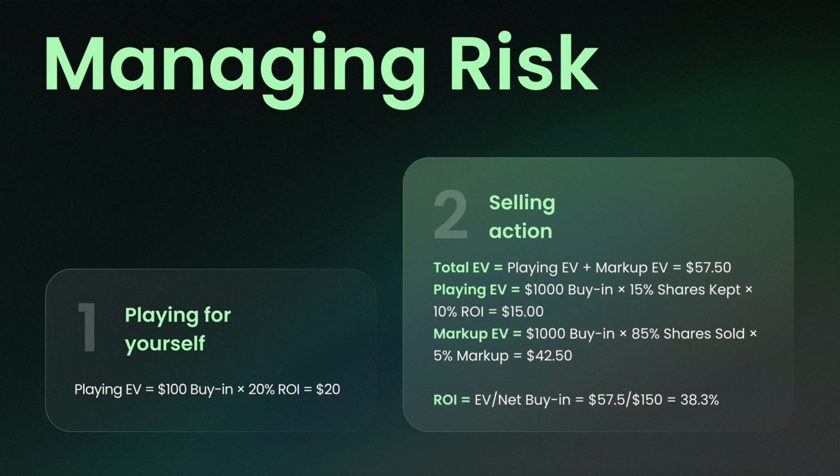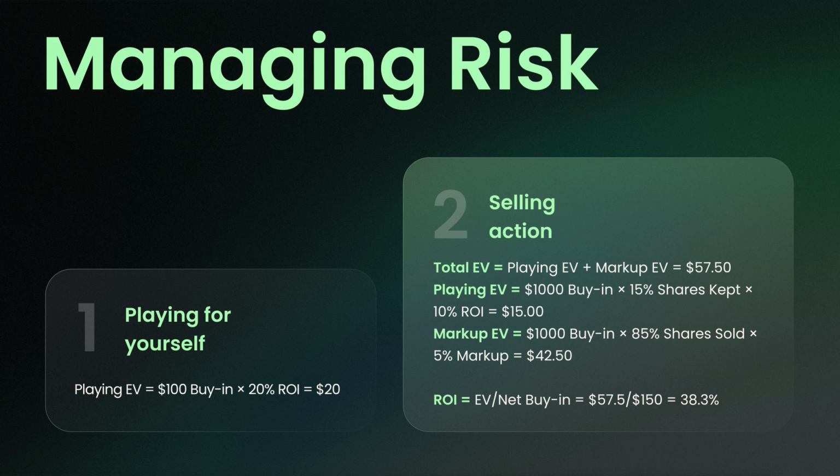So in total, you would be able to generate an EV of $57.50 from this single tournament, almost 3 times as high as your usual dollar per tournament. You will also generate a way higher ROI because you now earn $57.50 on your $150 investment, which yields you a 38% ROI instead of the initial 10% in this exact same tournament.